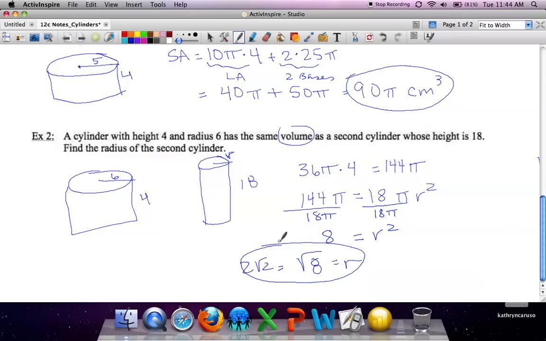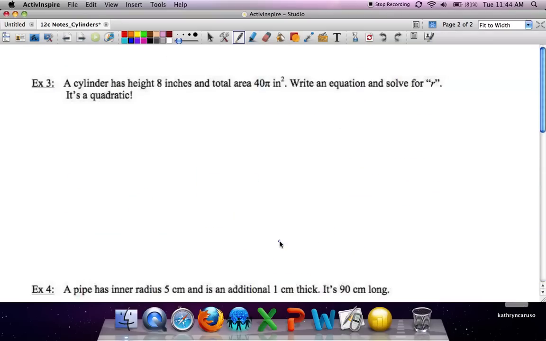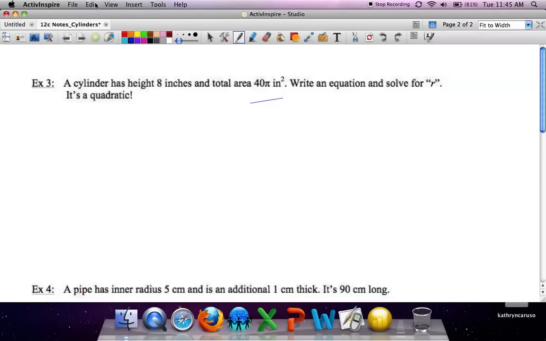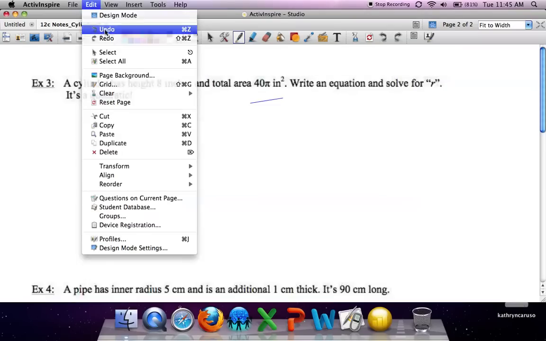Okay, so moving on to the second page. A cylinder has a height of 8 and a total area of 40 pi inches squared. Write an equation and solve for r. This is a complicated problem, but we're not going to be afraid of it, and I will help set this up, and then you can solve the rest of it.